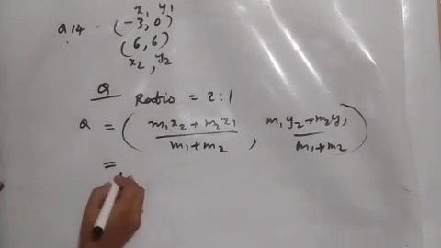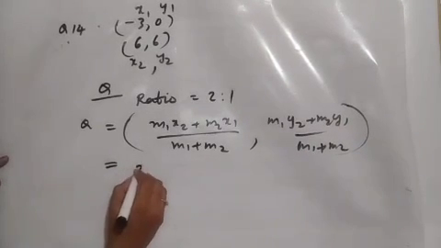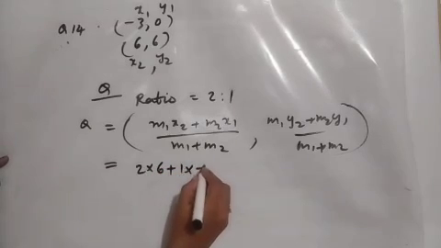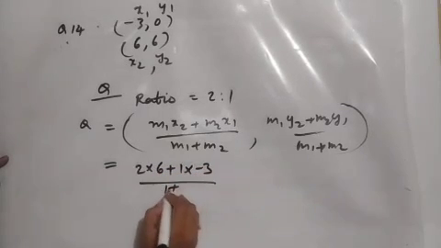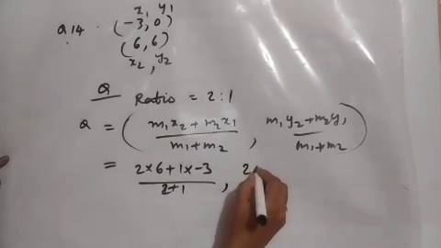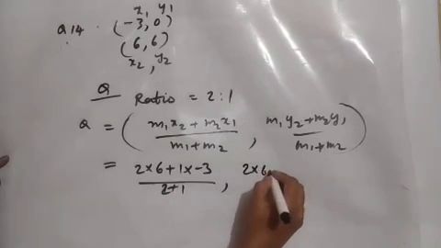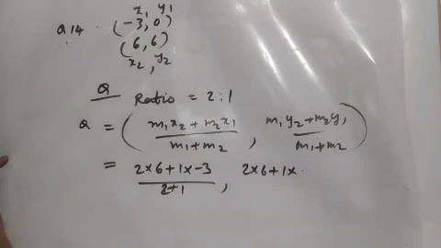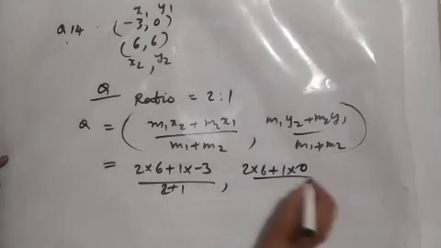Just substitute these values. That is 2 into 6 plus 1 into minus 3 by 1 plus 2, and next is 2 into y2, 6, plus 1 into y1, 0 by 2 plus 1.